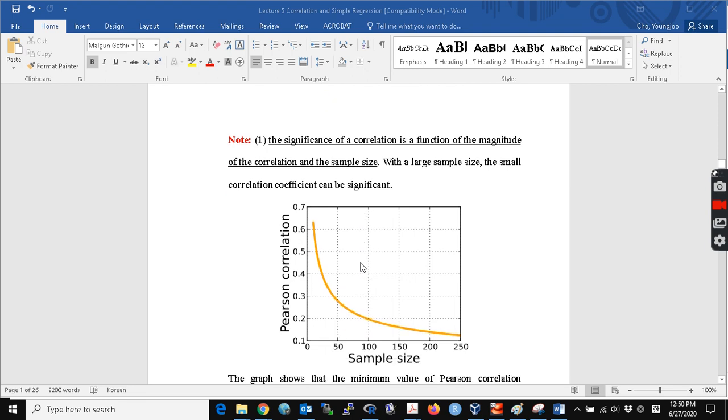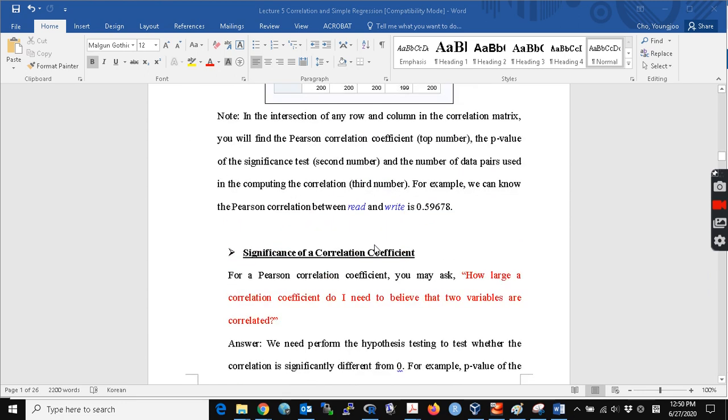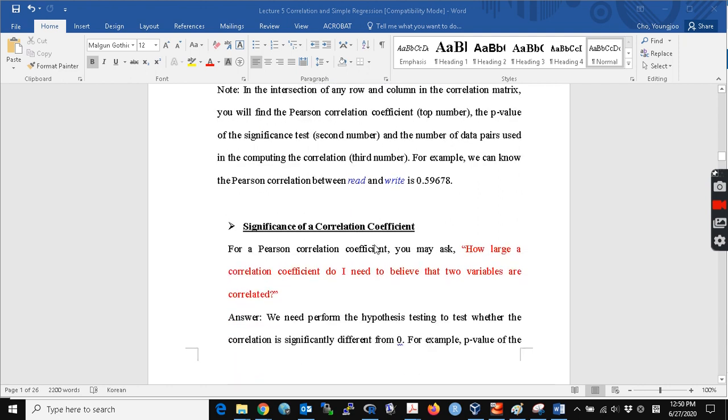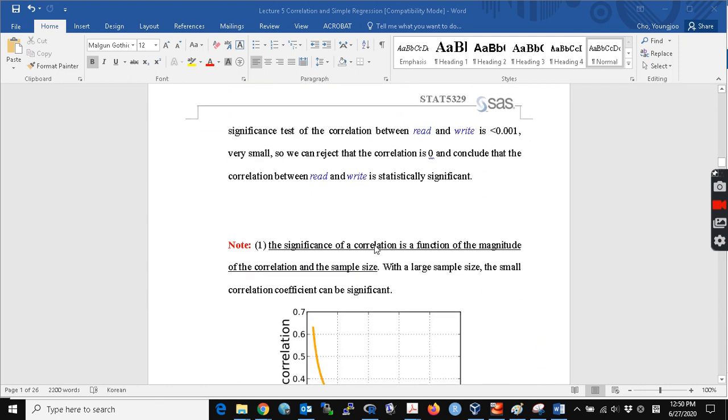So just some remarks. The significance of correlation is a function of the magnitude of correlation and sample size. If the magnitude is very large, for example, say 0.9, then you can think that they are significantly different from 0.